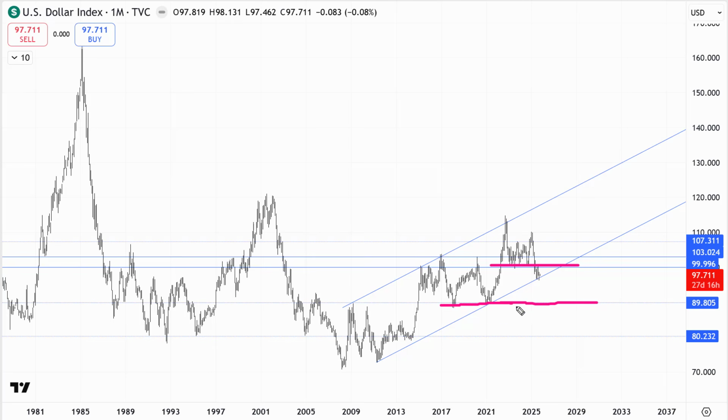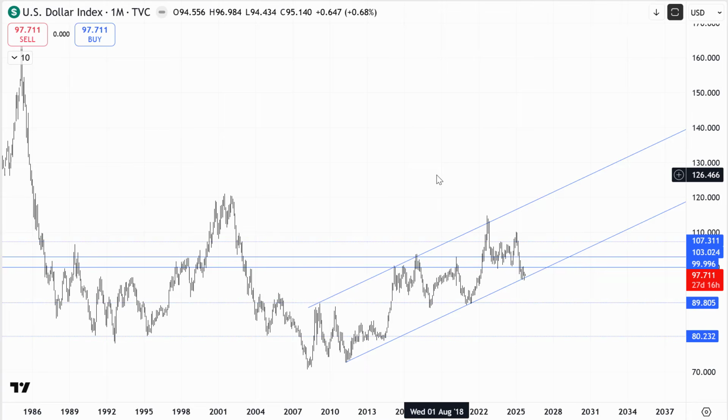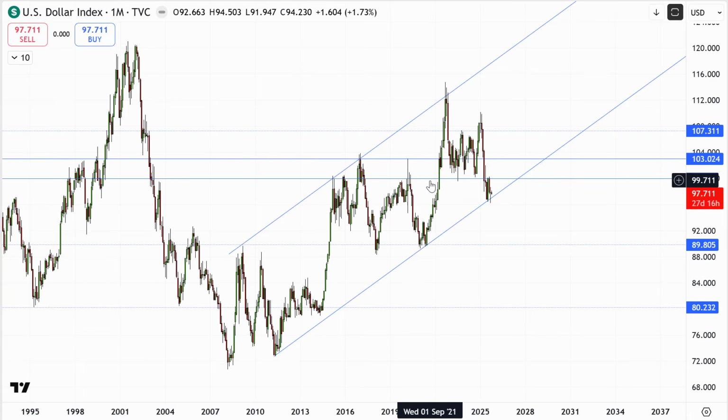So the next operating window is this entire shaded zone back down to effectively 90 overall. So we've dropped into this new operating zone. There'll be mini zones within it, of course, where there'll be plenty of intermediate support levels, but this is the next operating zone for the dollar currently. Now, coming to that channel, it's a lovely channel.